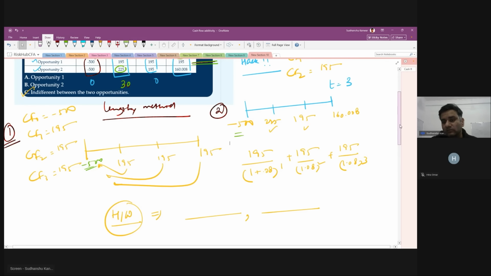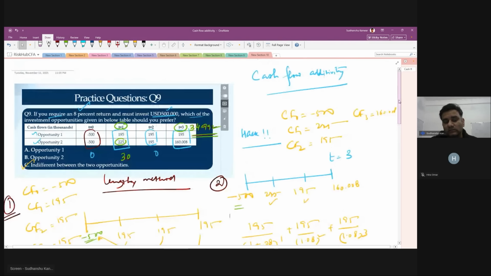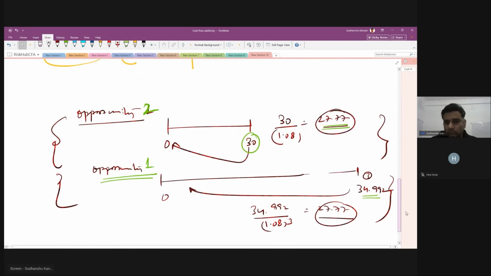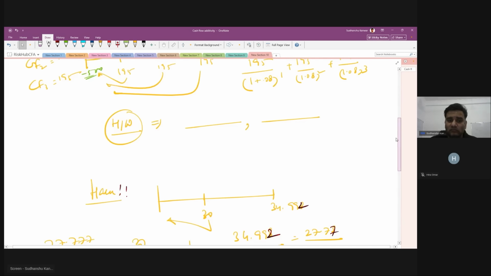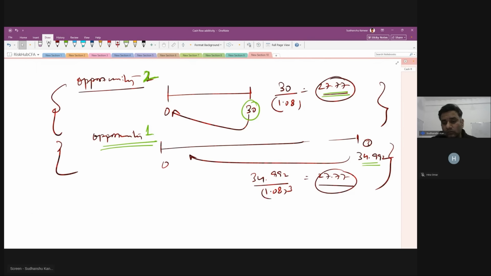If you can't remember the hack, just follow this normal calculation, input in the calculator very fast, CF naught, CF1, CF2, CF3, calculate the present value. Here also calculate the present value, both will come out the same. That also you can do, right? There is no problem in that. I have given you a hack also because in your book they have given a hack, so I just wanted to cover that.